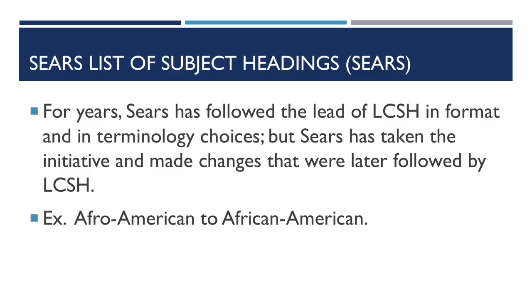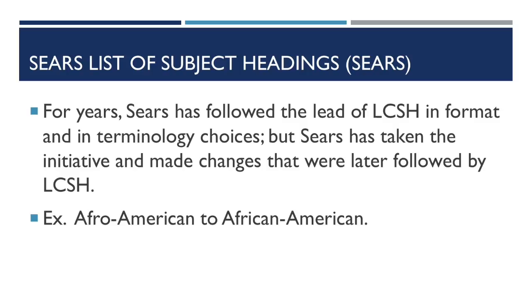So what they did is they took a term like Afro-American, which was the subject heading that they used, and they changed it to African American. And from what I gathered, later on the Library of Congress subject headings decided, hey, we should jump on and change it as well.